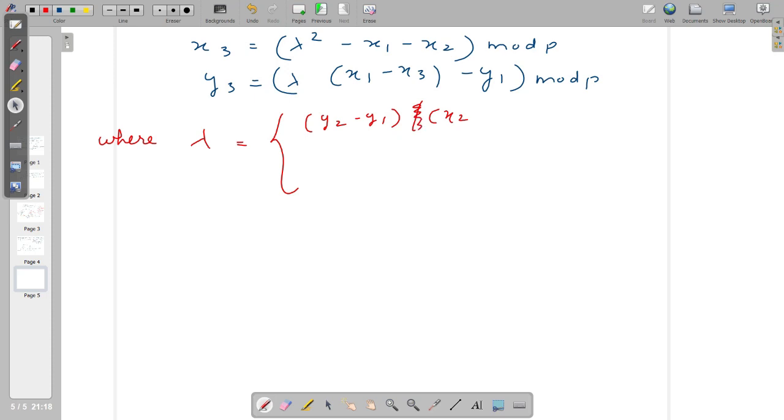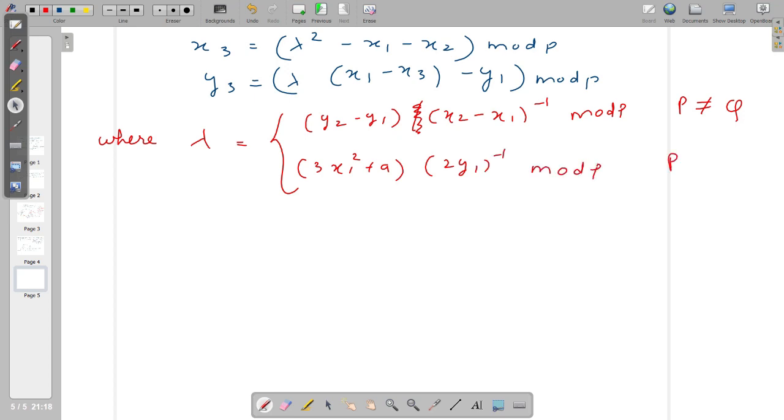Because we are taking the mod operation, it will be (x2 minus x1) inverse mod p if P is not equal to Q, and otherwise lambda will be (3x1 squared plus a) times (2y1) inverse mod p when P is equal to Q. So we know that E plus is a group.